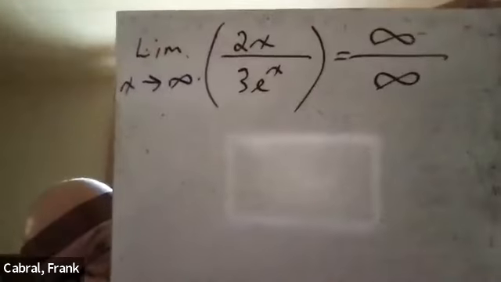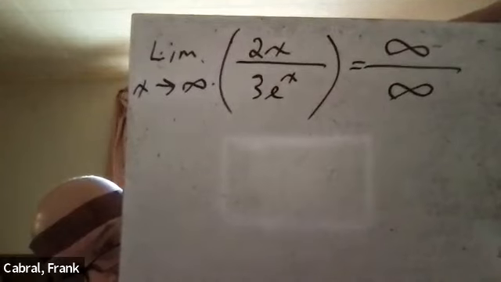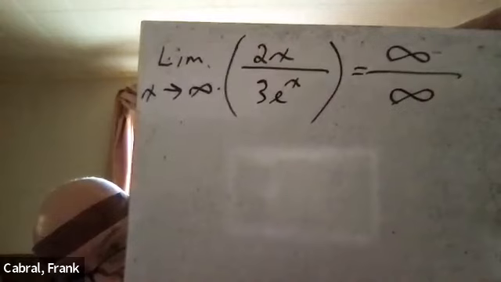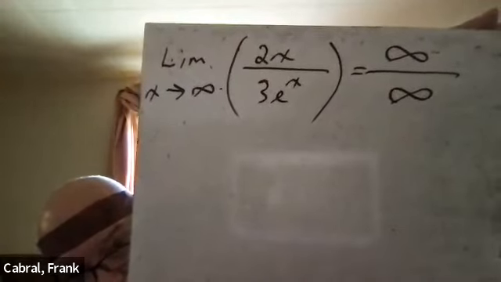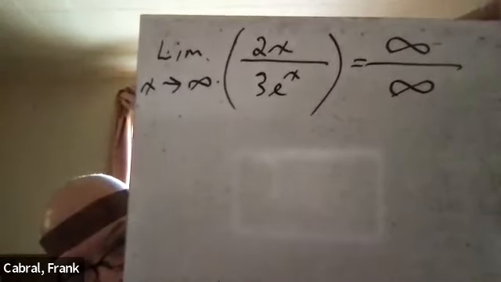And yes, I'm choosing a very simple example here. Now, by themselves, the limit of 2x, which is unbounded, is infinity. And the limit of 3e to the x, again, because it's unbounded, is also infinity. So this falls into the category of infinity over infinity.